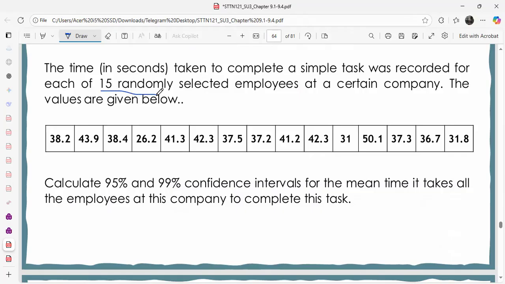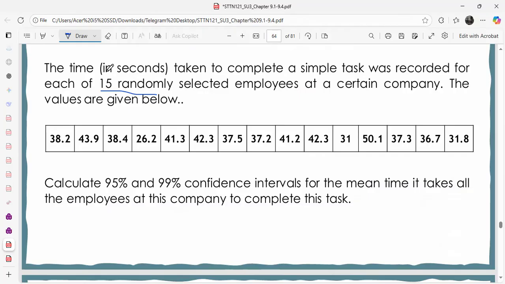Can you see that n in this case is equal to 15? Now it's less than 30. So what do we do if n is less than 30? If n is less than 30 and the population standard deviation is unknown, meaning now we're going to talk about the sample standard deviation.